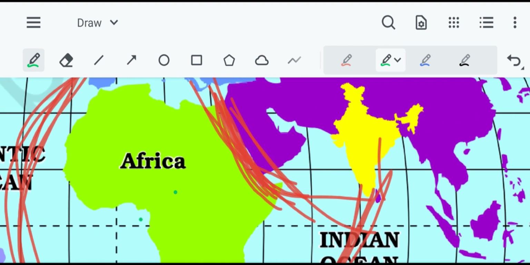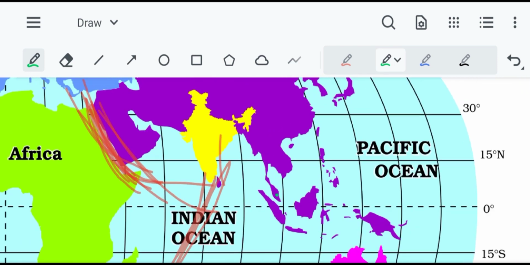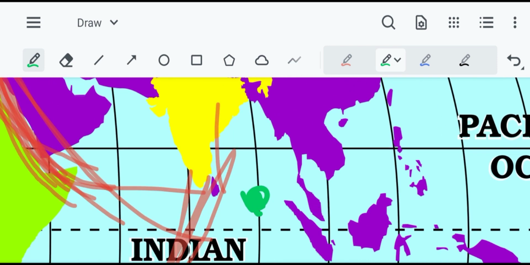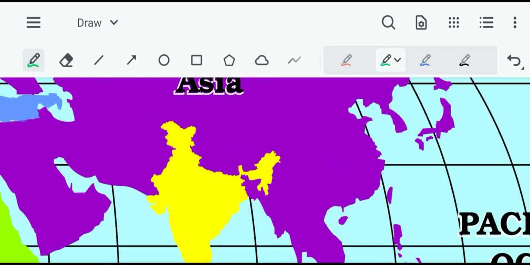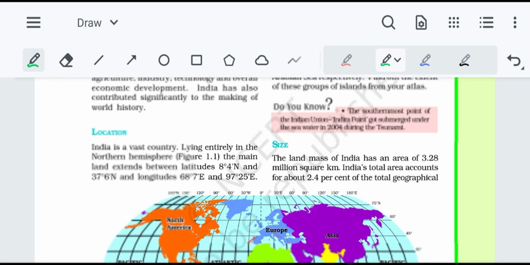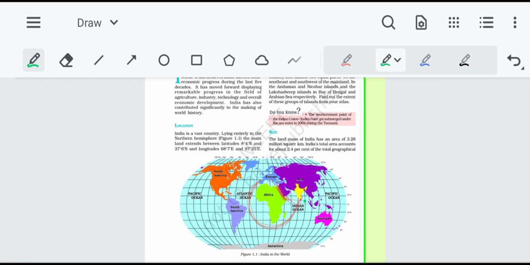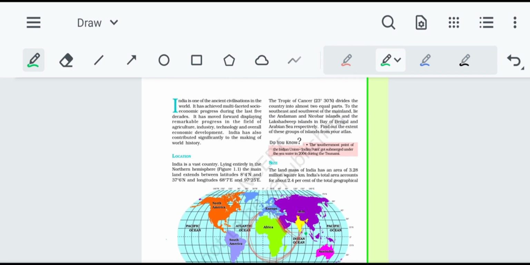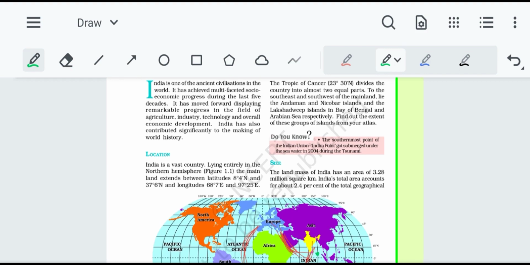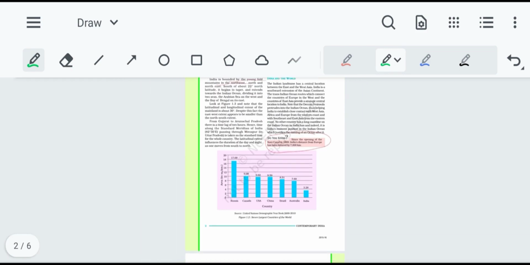The southernmost point of India is Indira Point, located here, and a tsunami came in 2004, and this point was submerged under the sea water during this tsunami. So if anyone asks you what is the southernmost point of India, it is Indira Point.